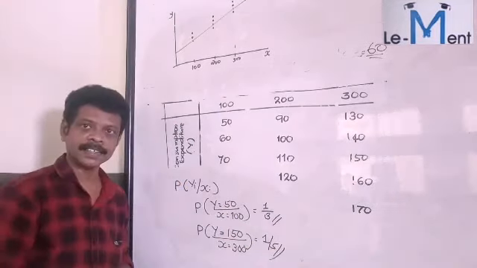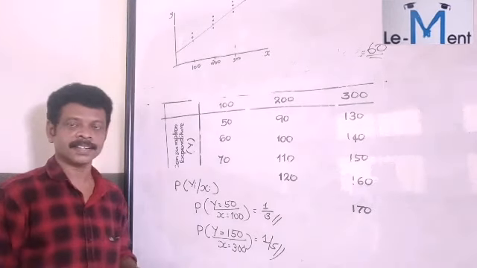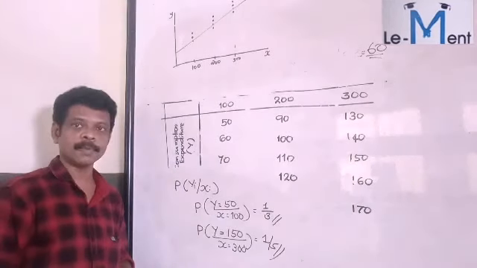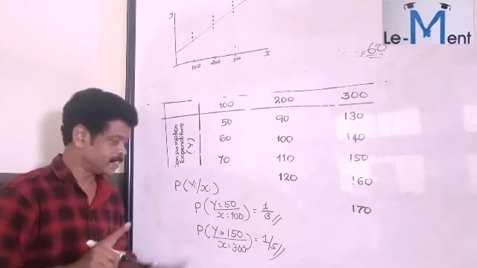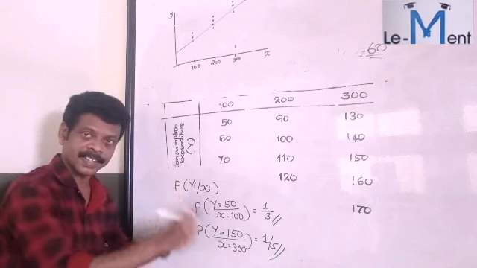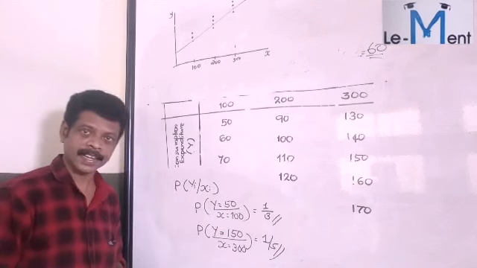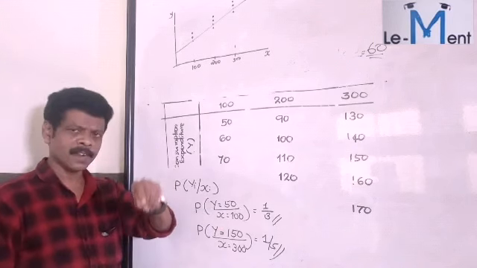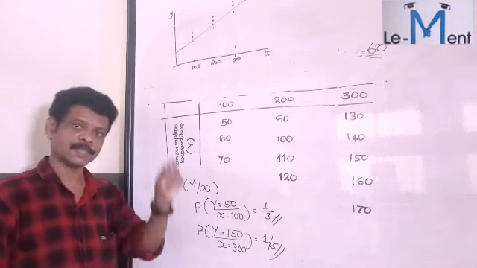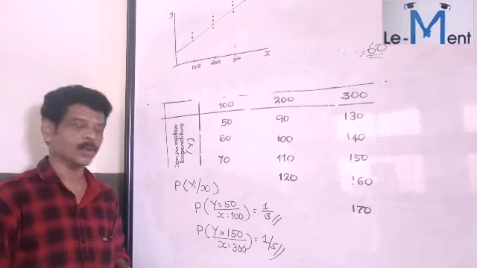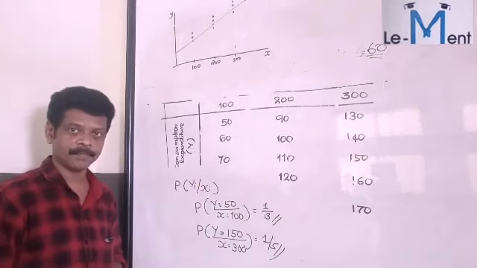Now you have learned how the conditional probability is calculated. And with the help of this conditional probability, we can calculate the average value, or the mean value, or the expected value of the dependent variable.